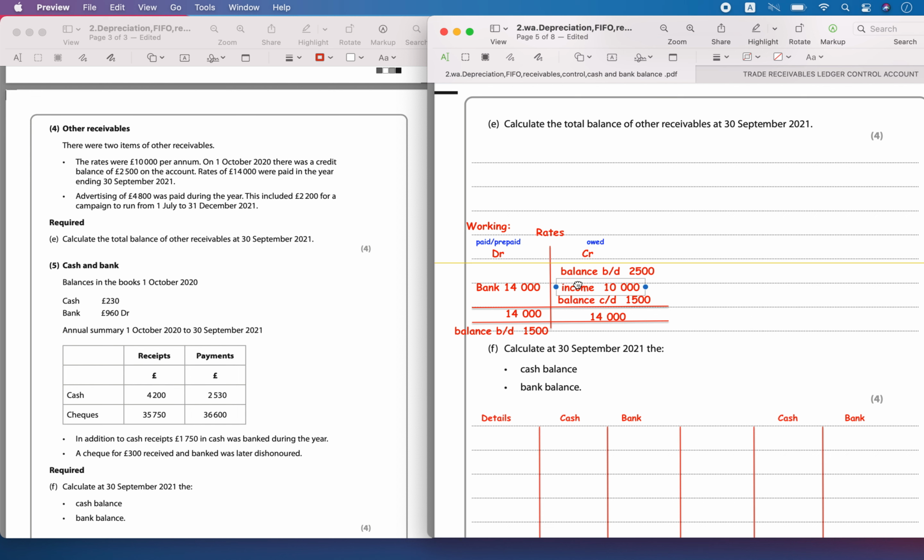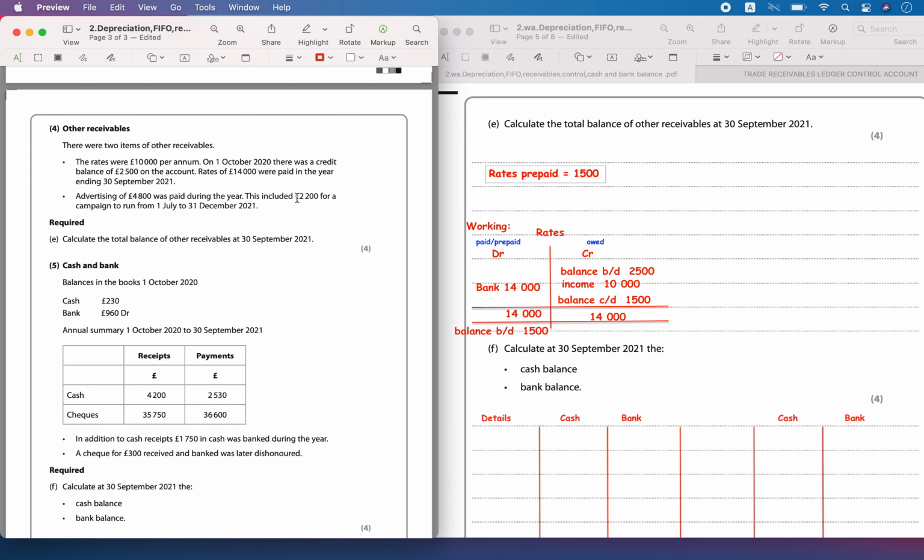Expenses, so you're transferring it to the income statement after balancing it out. Now, the first one is the rates. So the rates prepaid is going to be equal to 1,500 pounds.